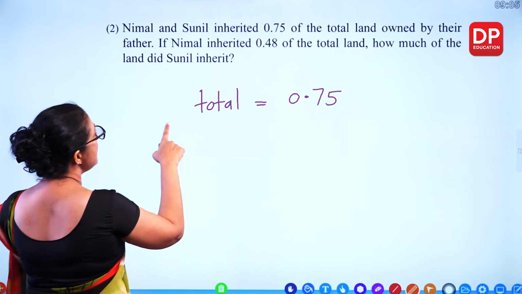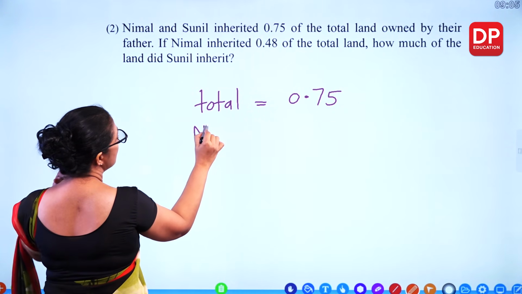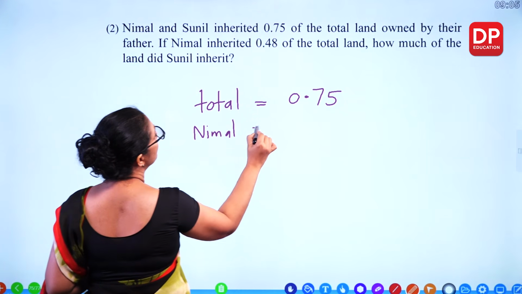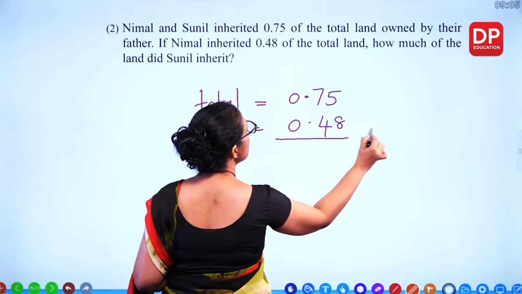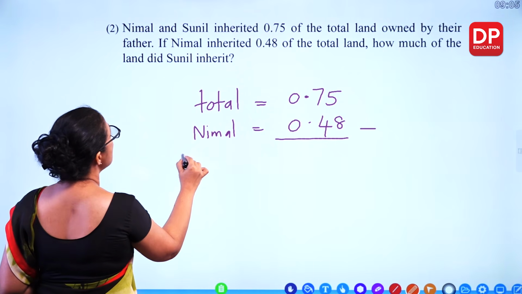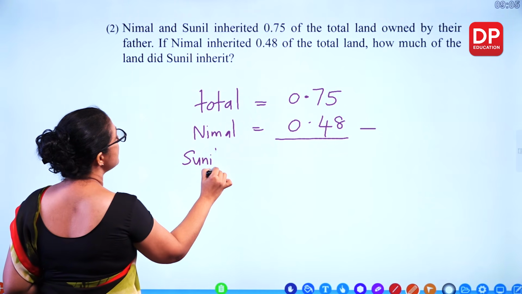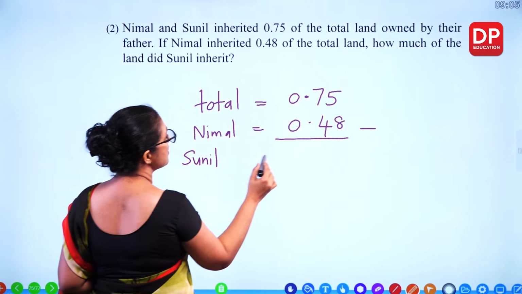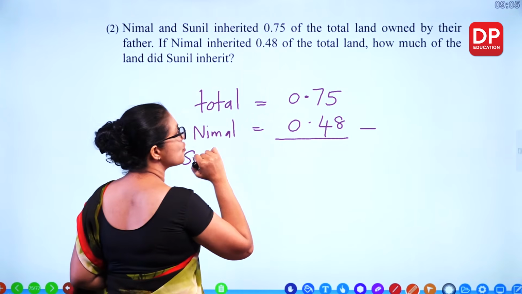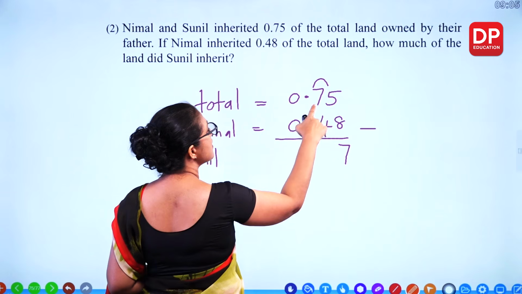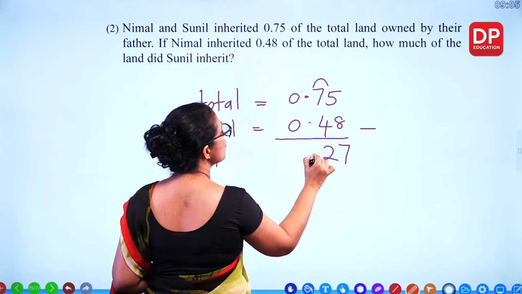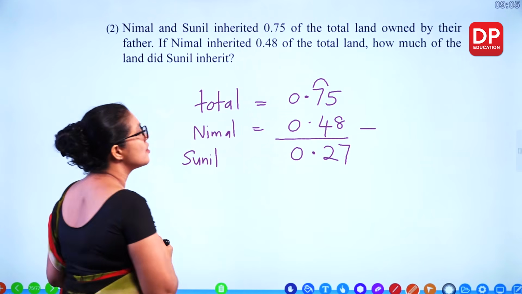So Nimal inherited 0.48. So when you subtract these two, you can find out the amount that Sunil inherited. So we can't subtract. Take 1. 15 minus 8, that's 7. 6 minus 4, 2. So 0.27.